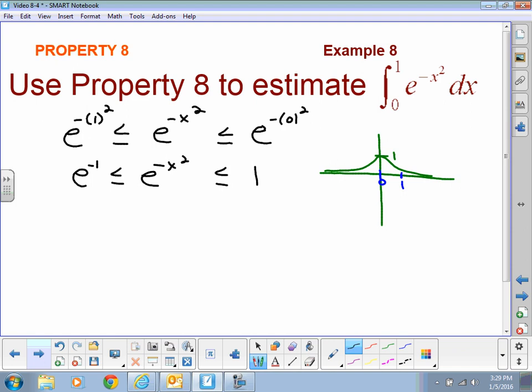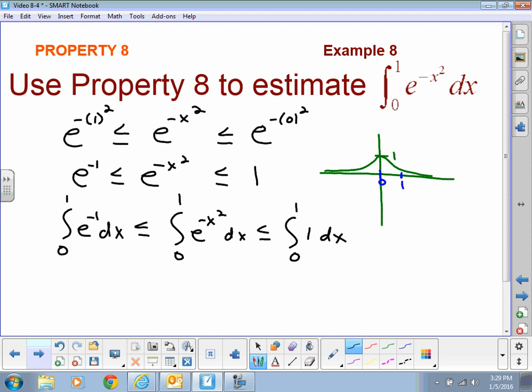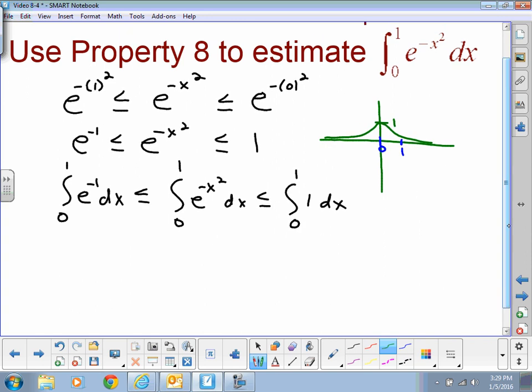Well, now we're going to take our integral of each from 0 to 1. Well, on the left and the right, we have constants.